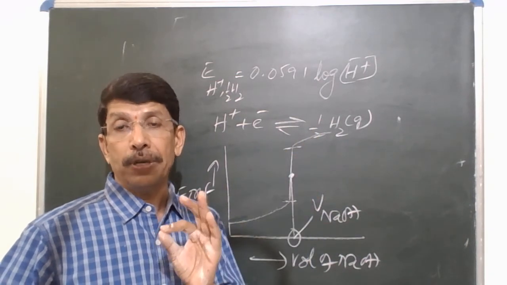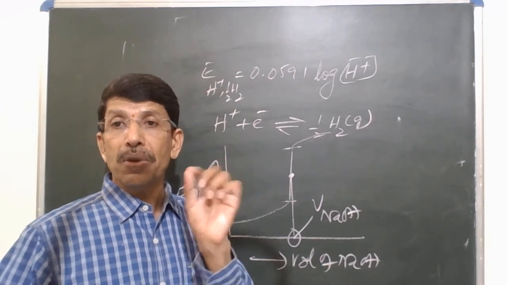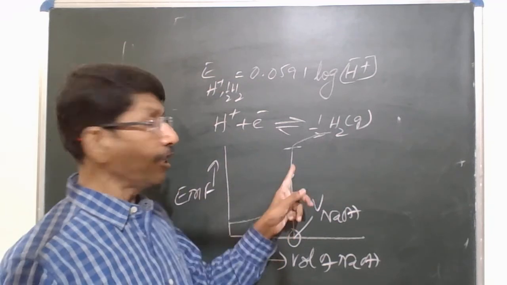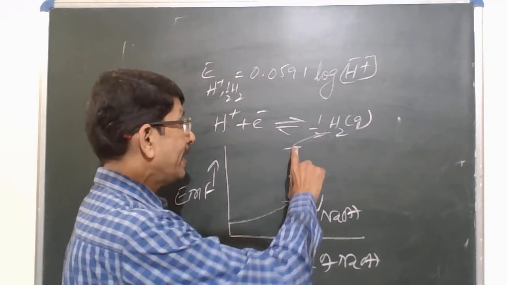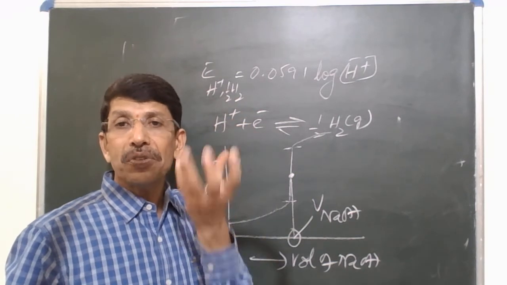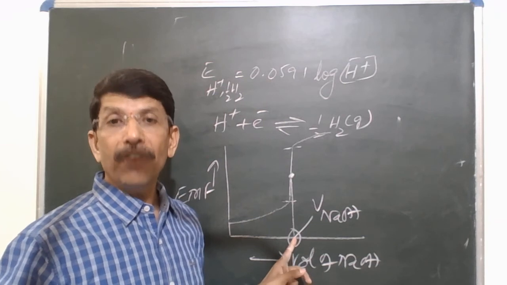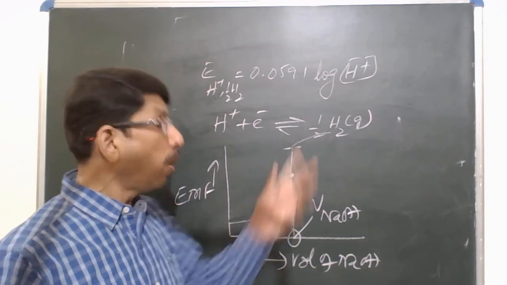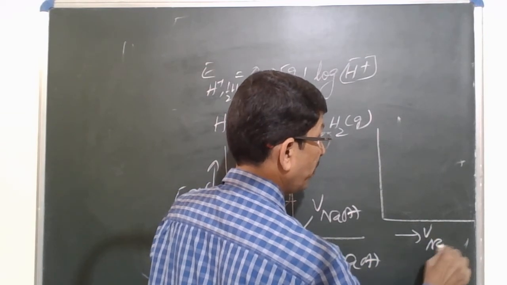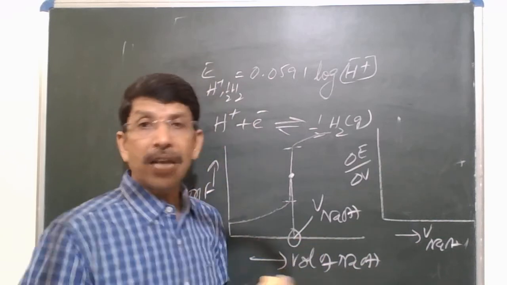So be careful when you are discussing what electrode system you have chosen, and accordingly plot the graph. And again here, locating the midpoint of the steeply rising curve may have certain error in determining the exact volume of NaOH. So to overcome that, again we plot a graph of volume of NaOH versus delta E over delta V, as we have seen in the earlier case.